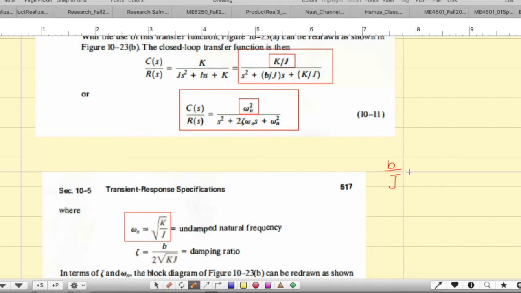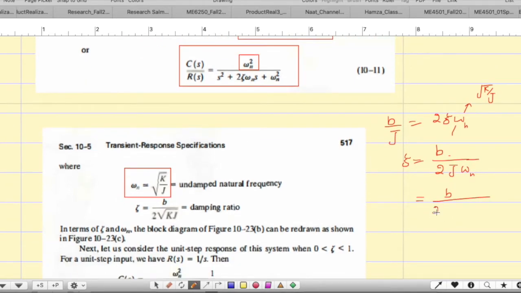B over J equals 2 zeta omega n, and here we know that omega n is square root of k over J, so zeta is equal to B over 2J omega n, and B over 2J square root of k over J. If you do the math, J is power 1, here J is power 1/2, so you get B over square root of 2kJ.